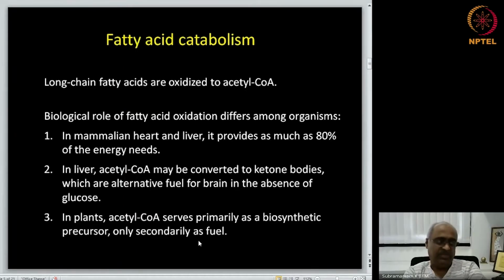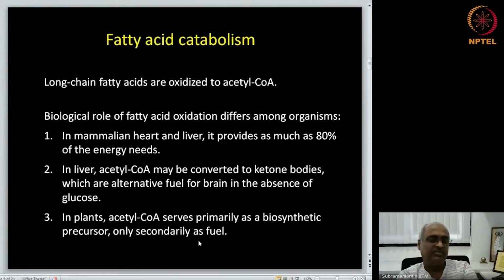We have dealt with carbohydrates in some detail because glucose becomes the central molecule in all of metabolism in terms of the biosynthesis, supply of carbon skeleton to the formation of other molecules, as well as energy production.